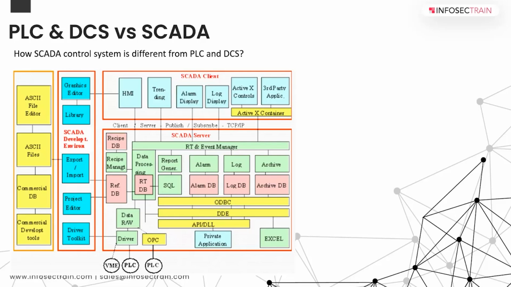Especially in the electrical industry, SCADA is integrated with controllers like DCS to monitor the functionality of devices, perform data acquisition, data logging, and so on. I guess that gives you a bit of understanding about the differences.